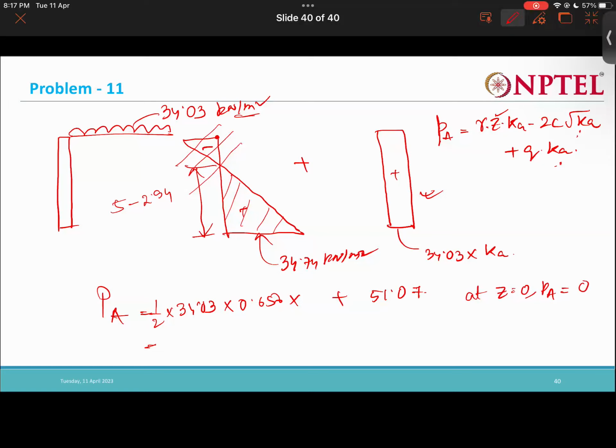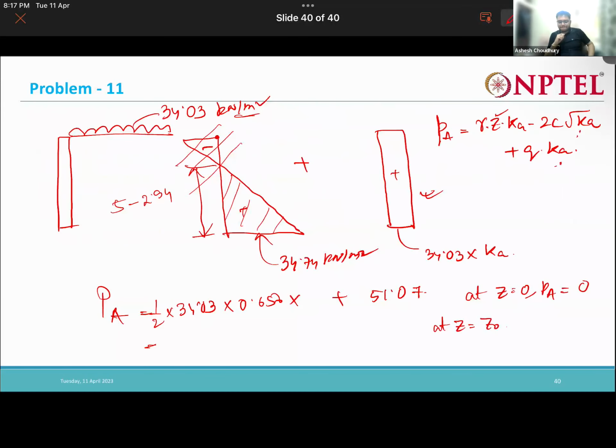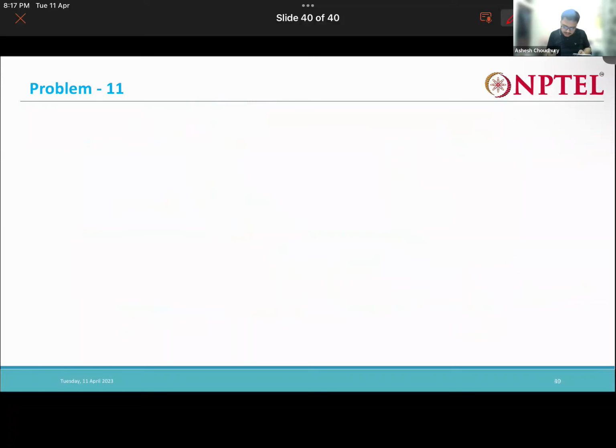Right. Okay. Now at Z equal to Z naught, let us see what it will be. Z naught was how much? 2.06. So put 2.06 in place of Z and let us see how much PA we are getting. Gamma is 18, right?